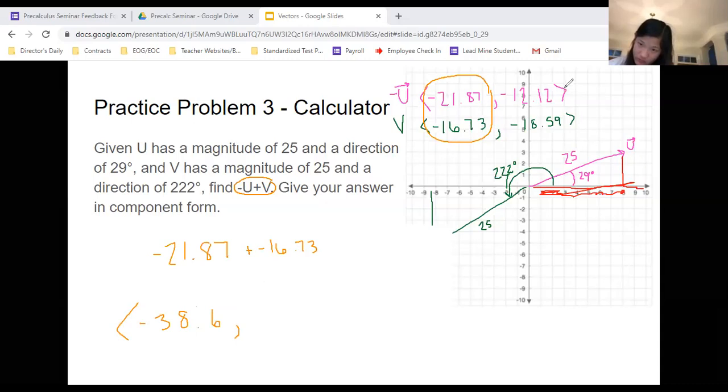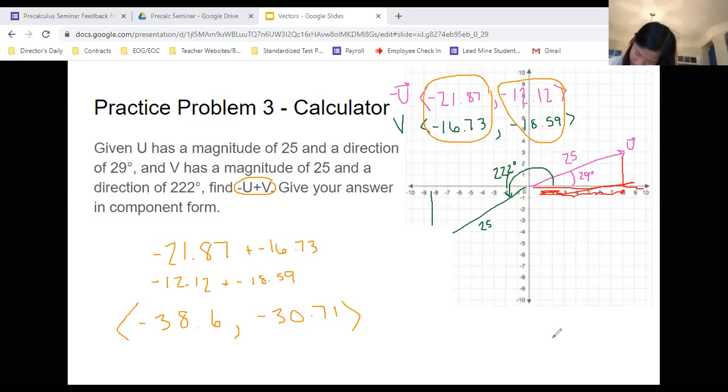And then my y components: negative 12.12 plus negative 18.59 to get negative 30.71 for that. And I see we've got a question there.